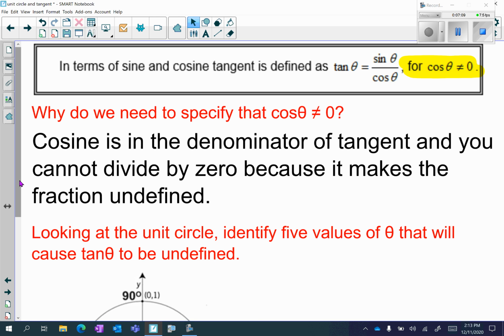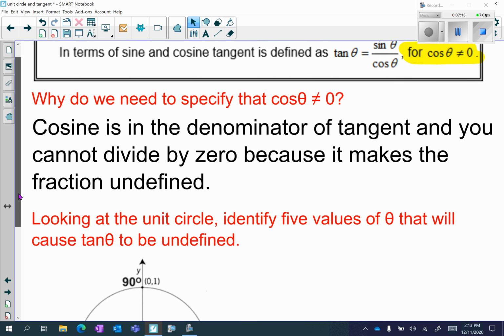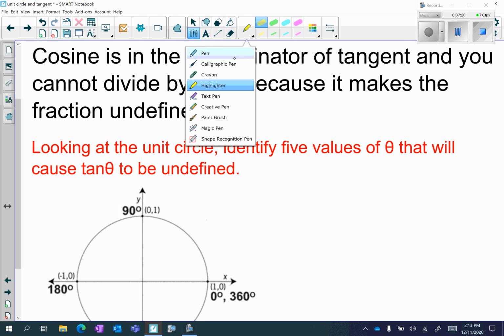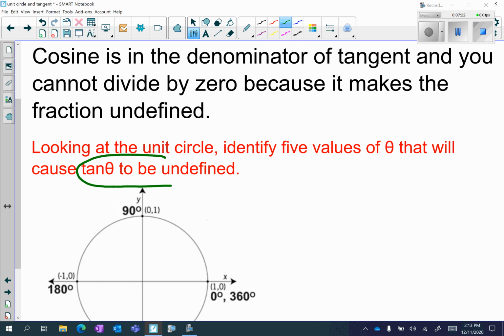So if we look at the unit circle, we want to identify 5 values of theta that will cause tan theta to be undefined. So tangent theta is going to be undefined when cosine theta equals 0.